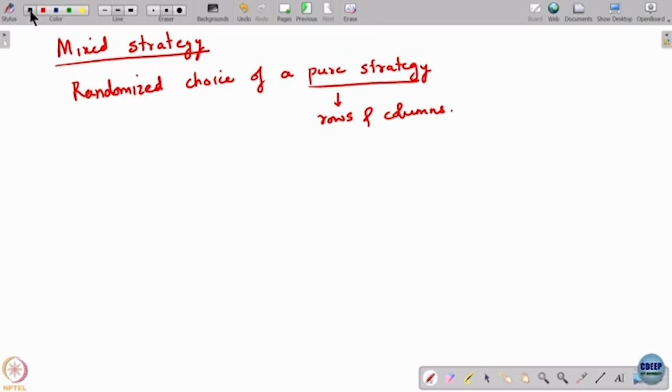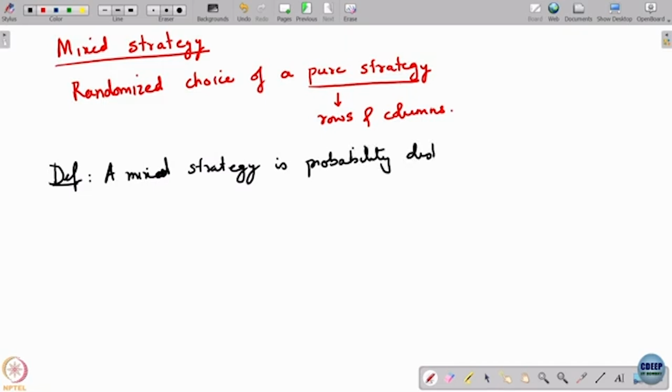So, formally, a mixed strategy is a probability distribution on the space of pure strategies.